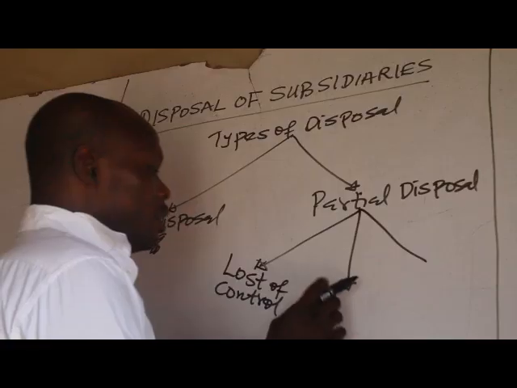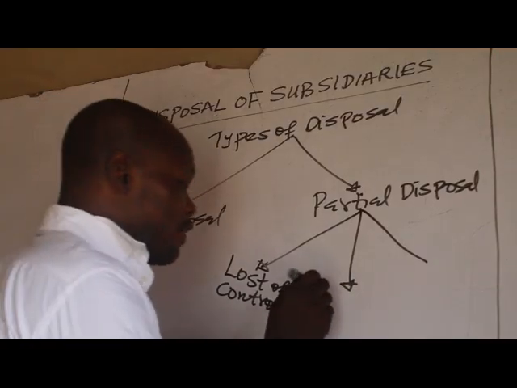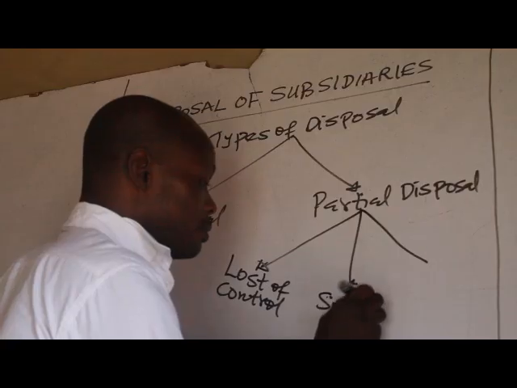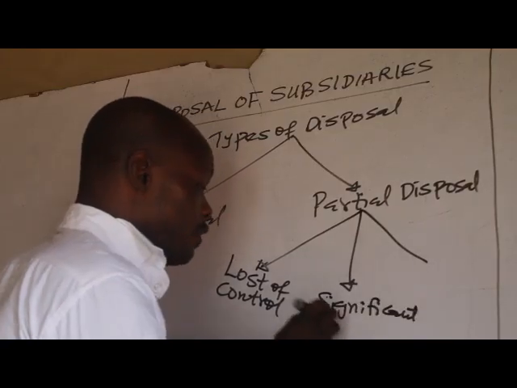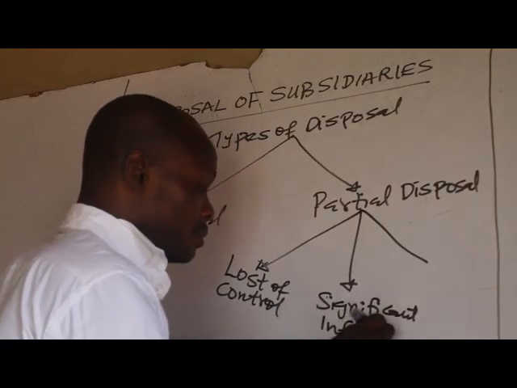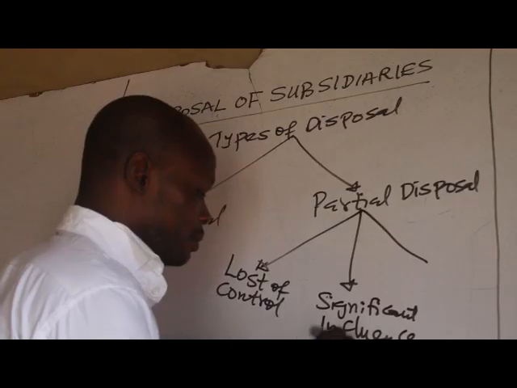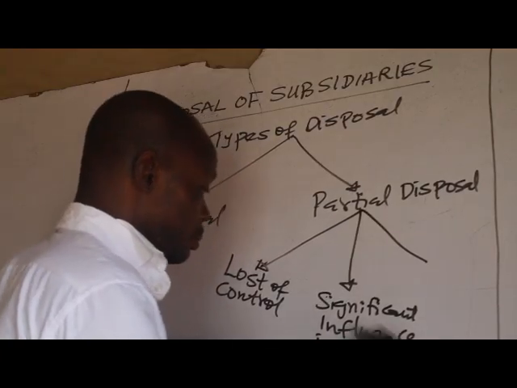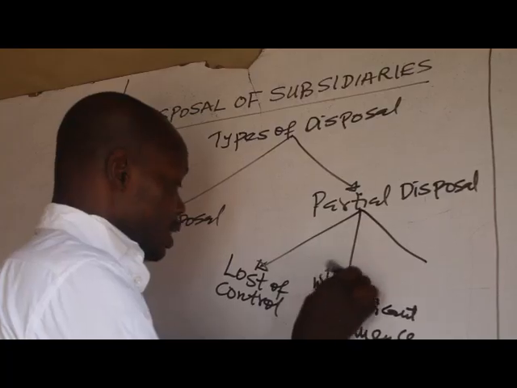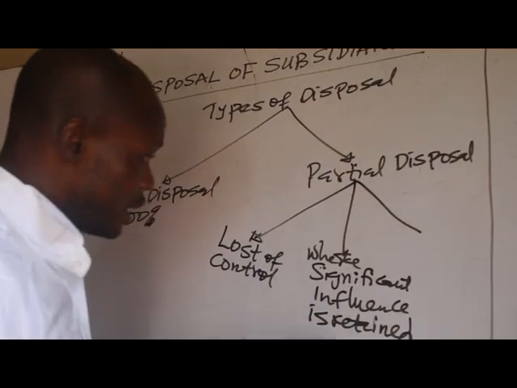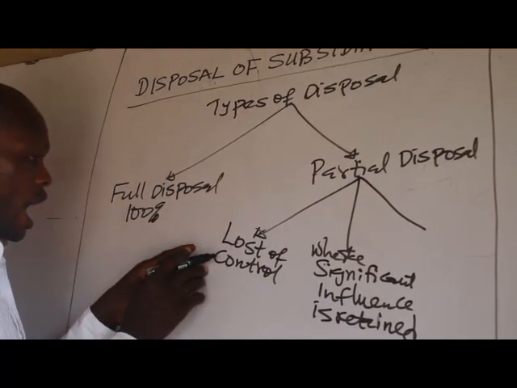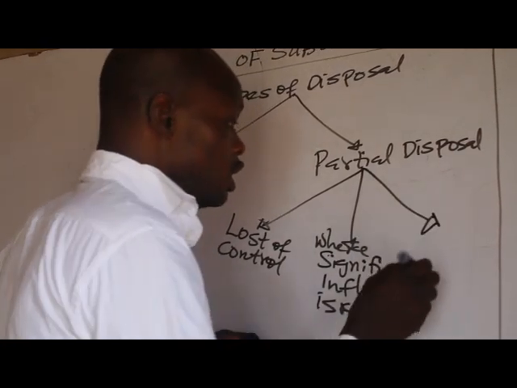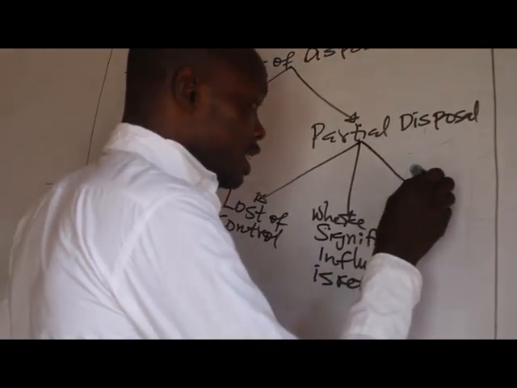Then, disposal where significant influence is retained. And the third one is where control is retained.